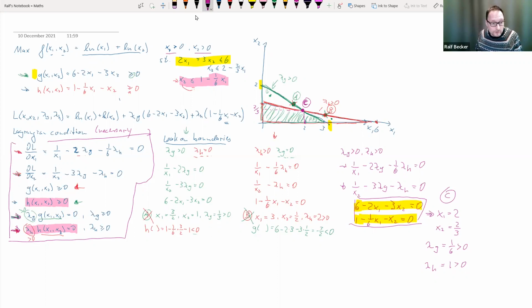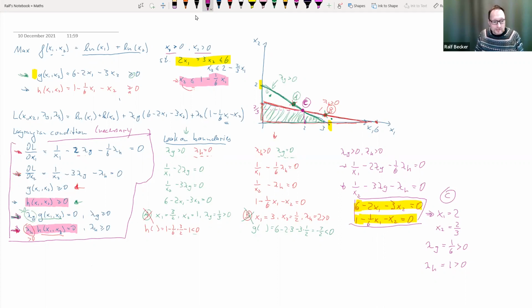Now, there are situations where the Lagrangian conditions are also sufficient conditions, which would mean that given we found that point, we would also know that it is the solution. Under what scenario are the Lagrangian conditions also sufficient?